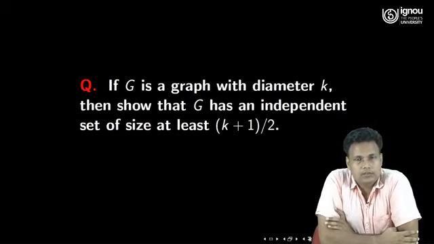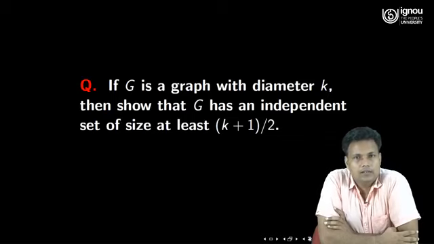Now let us consider another question. If G is a graph with diameter k, then show that G has an independent set of size at least (k+1)/2. So to prove it, what are we given?